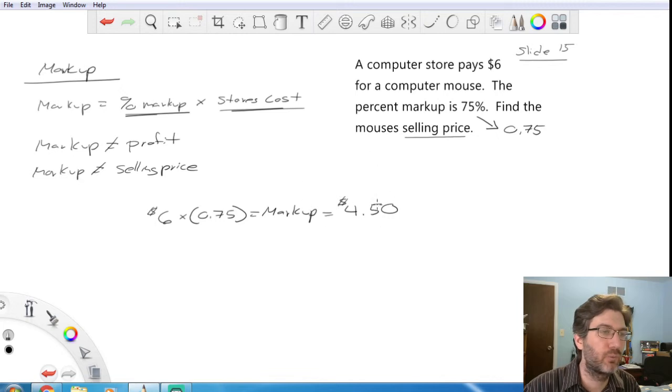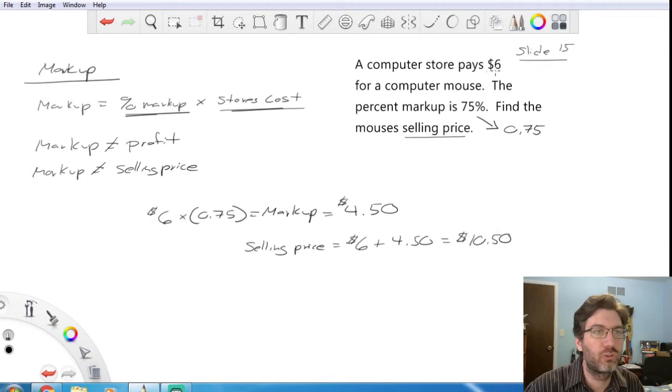The markup is $4.50. The selling price is going to be equal to whatever the store paid for it, which is the $6, plus however much they're marking it up for, $4.50. So here your selling price is going to be $10.50.